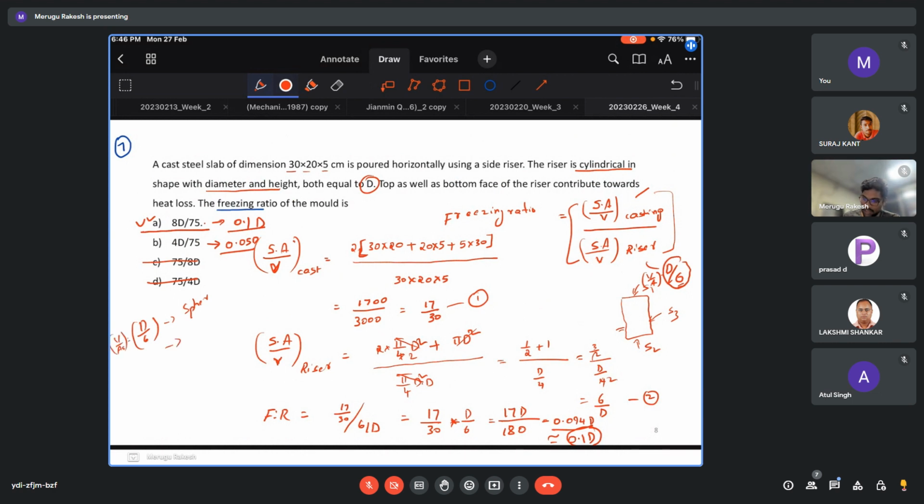For a sphere and a cylinder where H is equal to diameter, also equal to a cube of side D. So d by 6, d by 6, d by 6. If you remember that, we can avoid some calculations. This one step we can remember, we can directly answer this question.